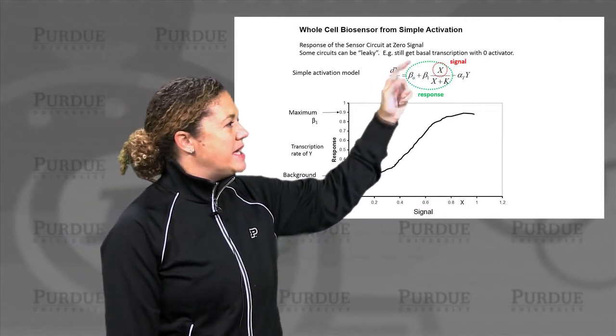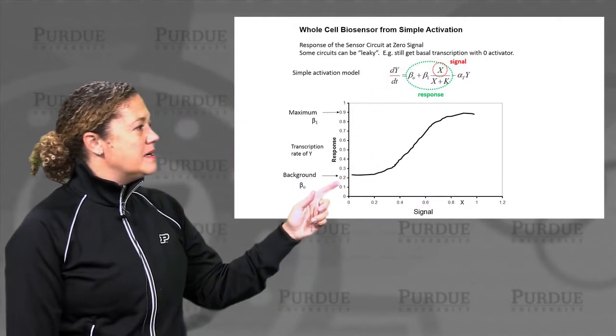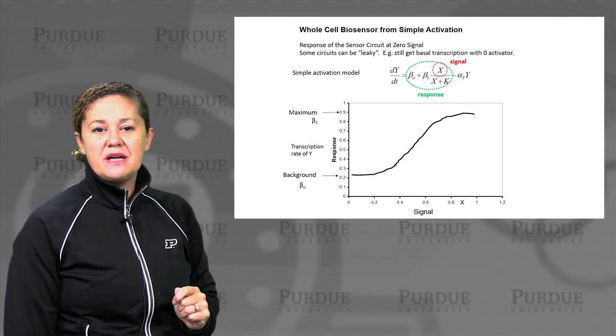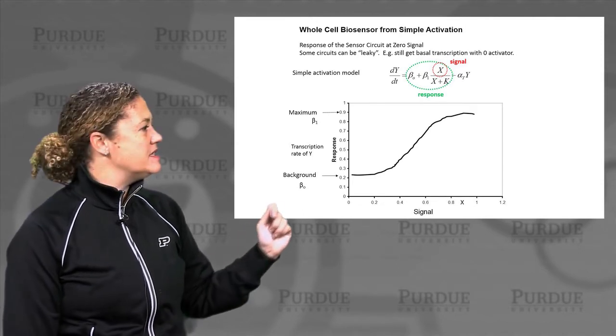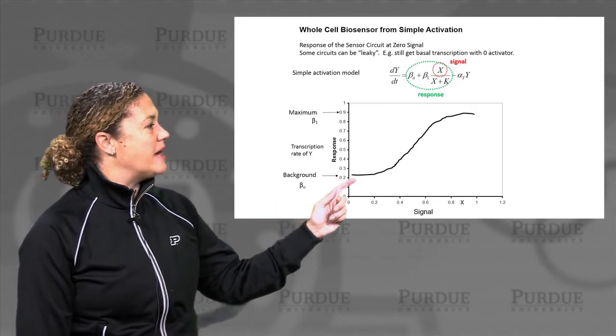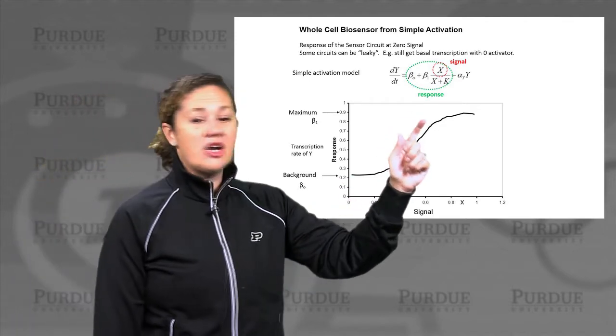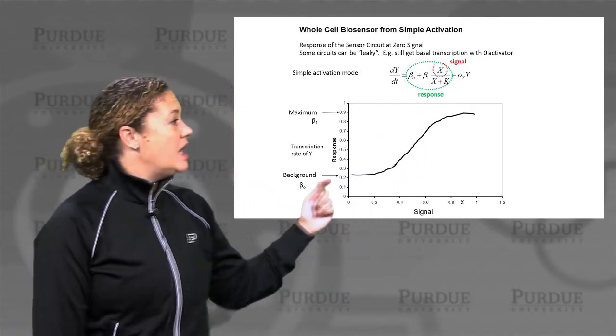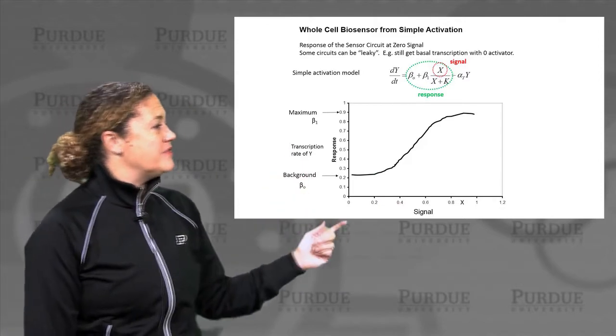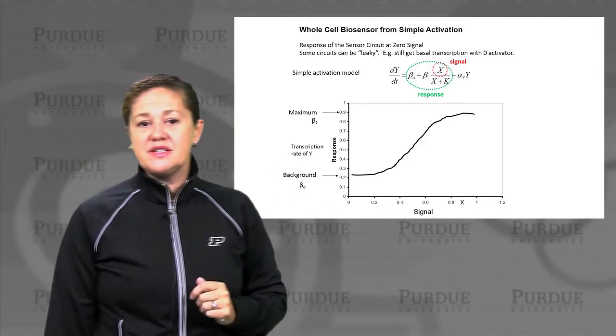And this beta naught represents, many times, some background transcription in our systems. So this would be some background signal level. And this now would represent our calibration curve, looking at the rate as a function of signal for our sensor.